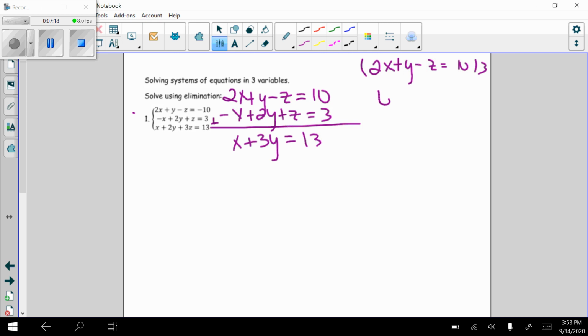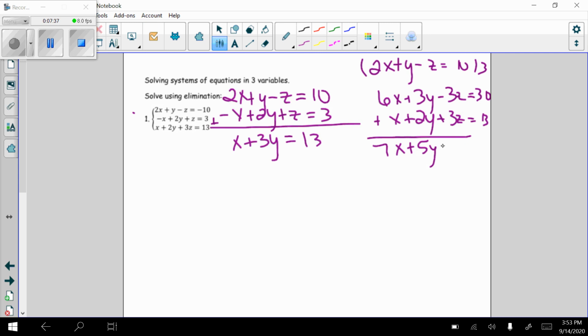So then I get 6x plus 3y minus 3z equals 30. I'm going to add to that the bottom equation, plus x plus 2y plus 3z equals 13. So I have 7x plus 5y, my z's cancel, equal 43.